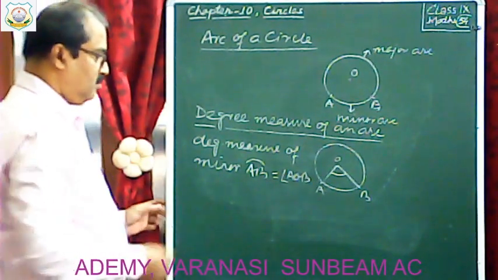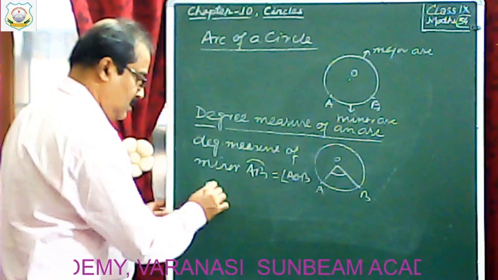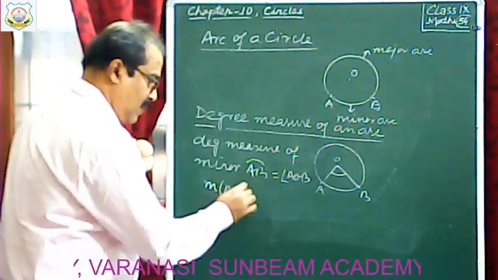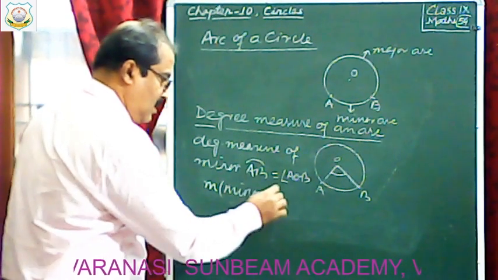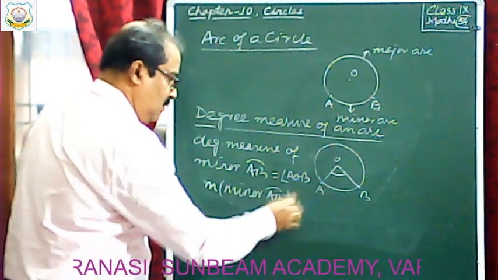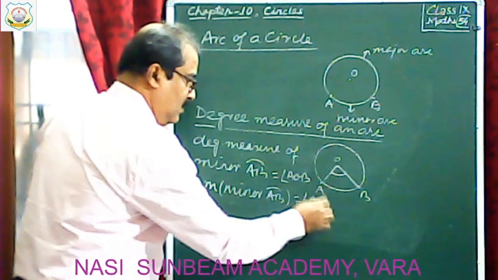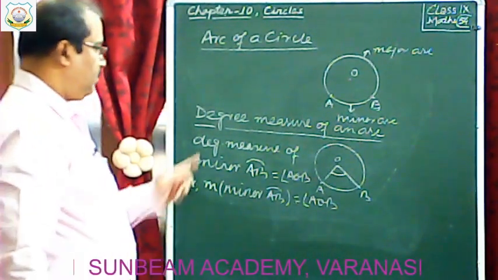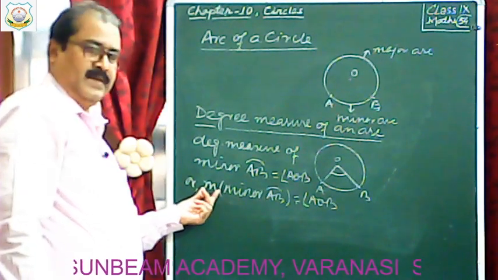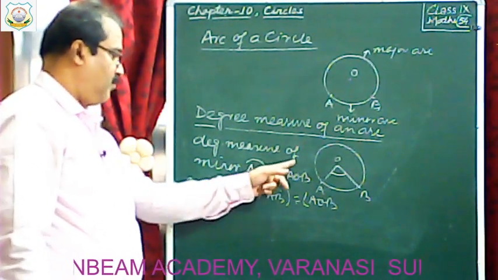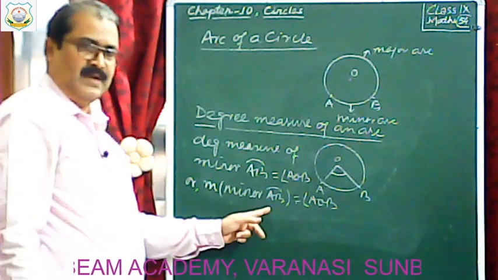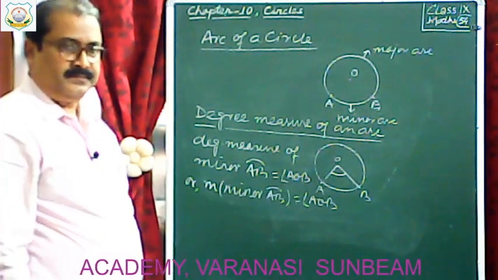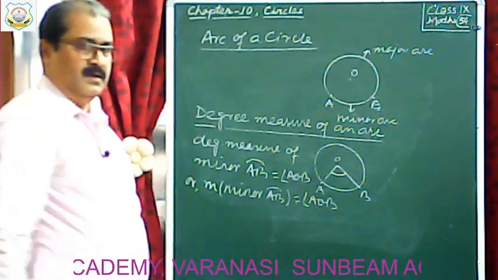In short, you can write degree measure denoted by M, bracket, minor arc AB, is angle AOB. You have to mention minor or major arc, that is the central angle AOB.